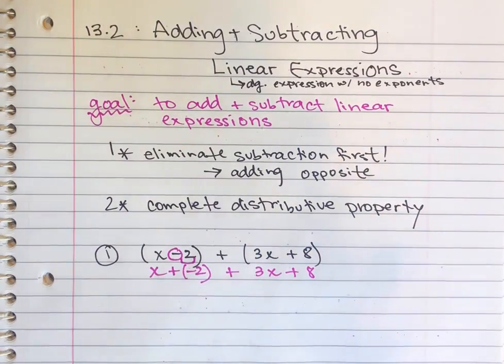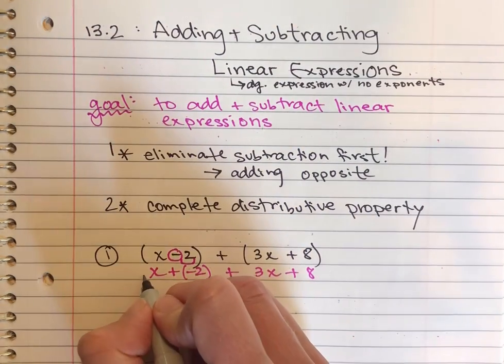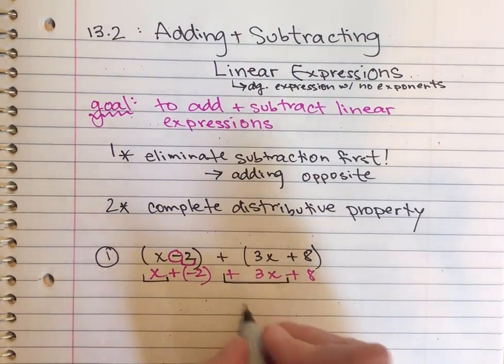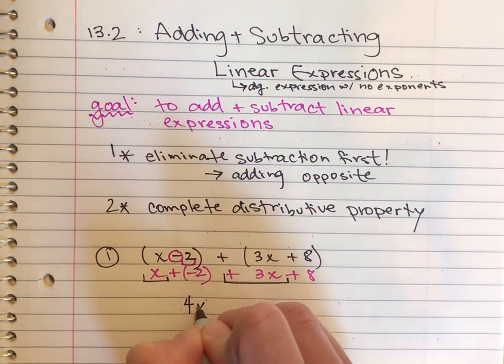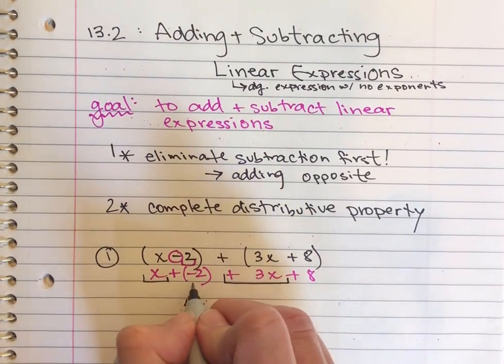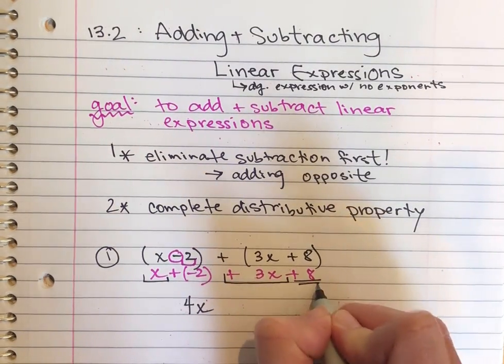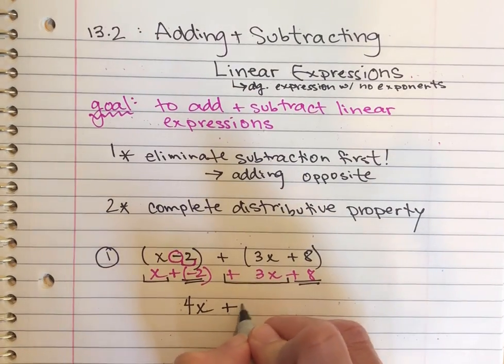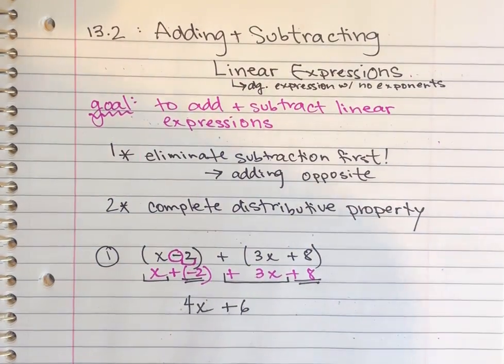Okay, so let's look for our like terms. I have an x and I have a 3x, which means I have a total of 4x. If we look at our constants, I have 8, I owe 2, which means I still have 6.